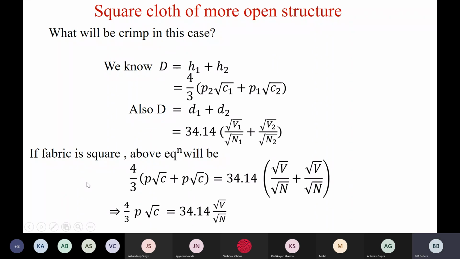And you know the importance of cover factor? Cover factor basically decides, as I discussed last class, permeability. We have many fabrics which are net-like structures whose cover factor is less than 50%. If you consider a fishing net or sports net, their cover factor is hardly 2% or 3%.